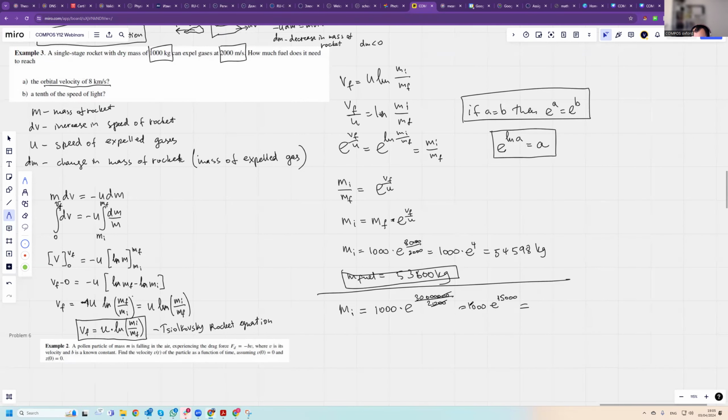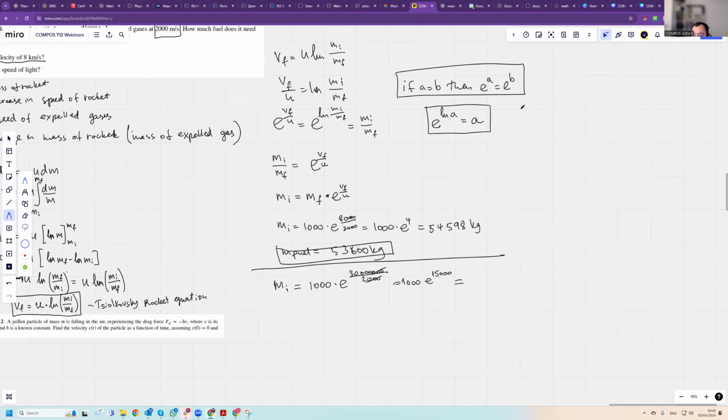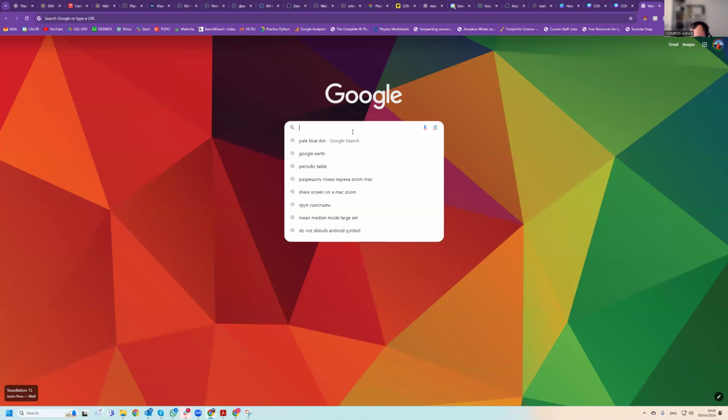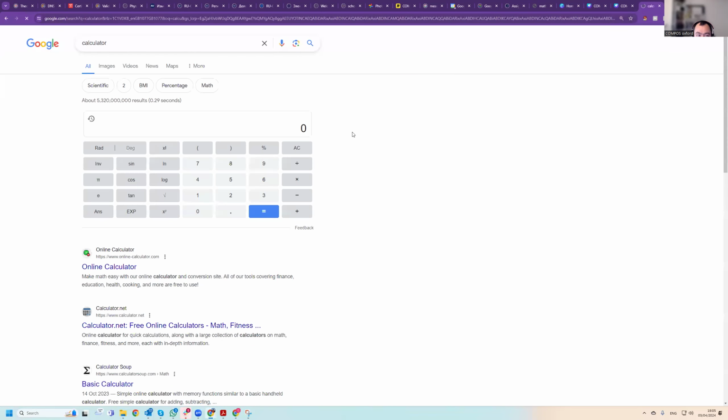I can't imagine how big this number is. And my calculator will not calculate that. Let's see if I can do this on the calculator. So it's 1,000 multiplied by e to the power 15,000. Thank you, Google.